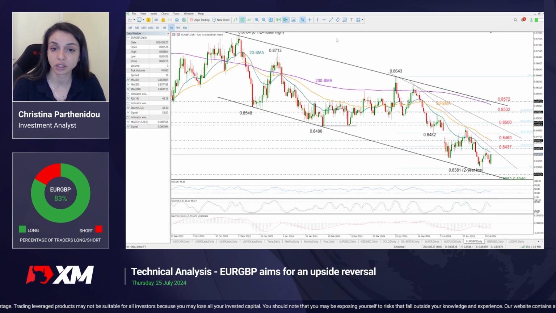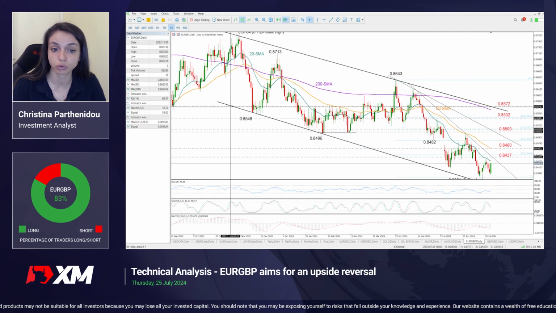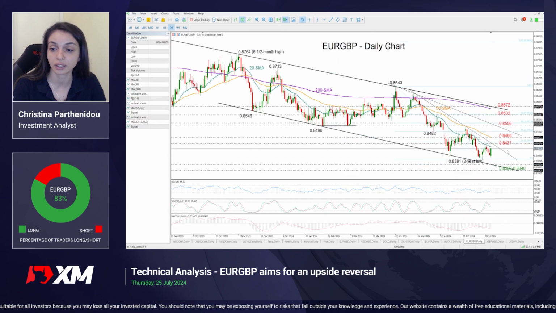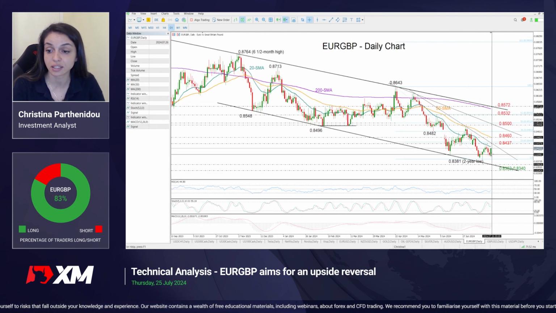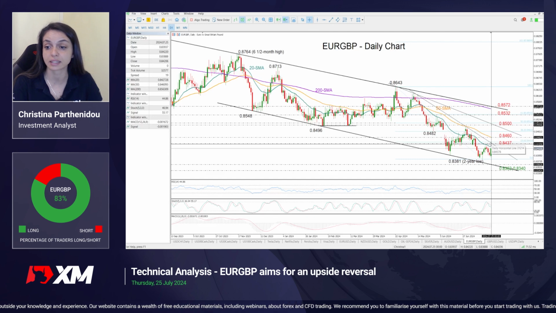What's optimistic here is that the price refused to reach this support trend line. It paused slightly above its 2-year low of 0.8381, and that increases the odds for an upside reversal. Nevertheless, that doesn't mean that we won't face any obstacles soon.